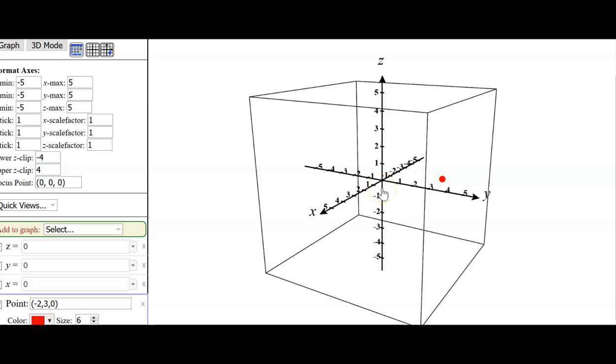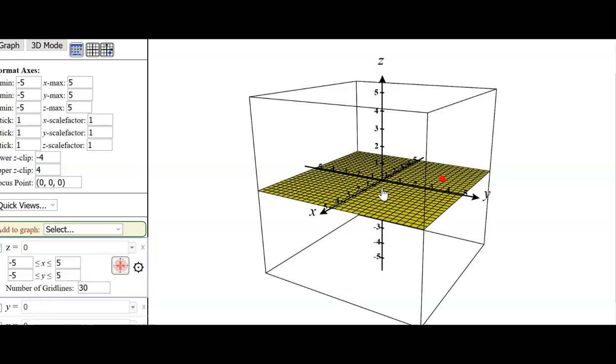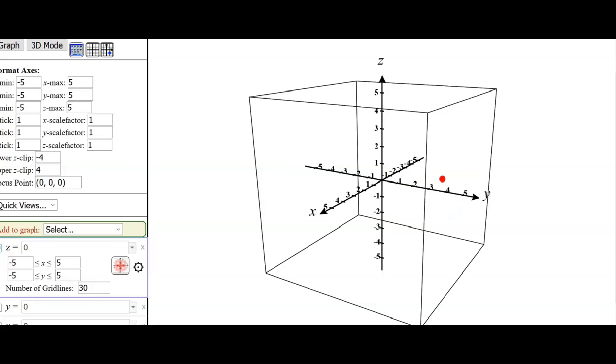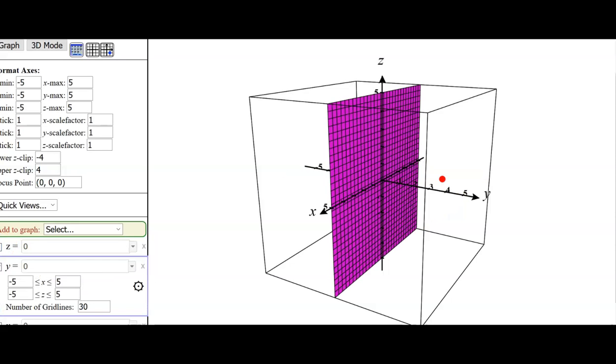You can notice here, I've graphed the point (-2, 3, 0). So this point is 2 back going along the x-axis, and then it's 3 to the right along the parallel to the y-axis, and then z will be 0, so we're going to go up 0. So we lie in the xy plane, and the xy plane is that flat plane through the x and the y axes.